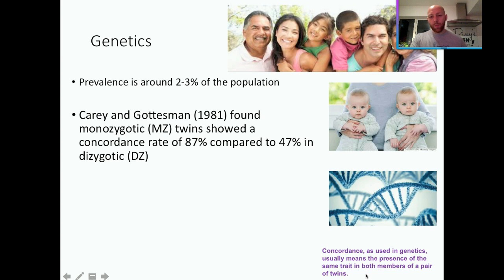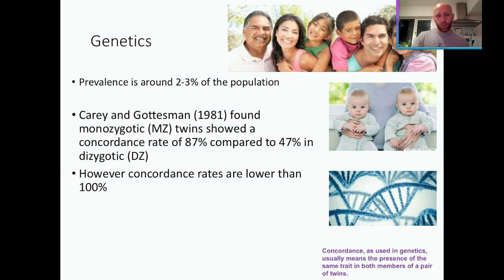Just to recap what we mean by concordance rate, it basically means the presence of the same trait in both twins. So if one twin's got it and the other twin's got it, what is the rate of that in a population? In this case, 87%. So we would say that is a very high concordance rate.